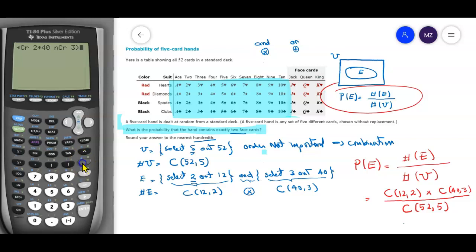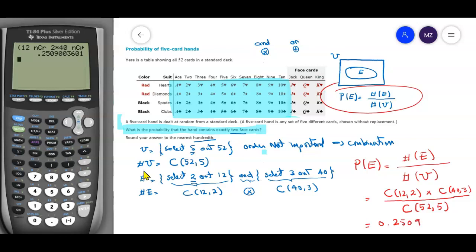Now I'm going to divide everything by the denominator, which is 52, first Math, Probability, then nCr, and then I put 5. That should be it. So equal sign, and we get the answer as 0.2509.